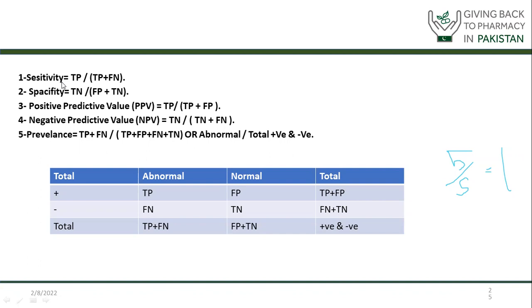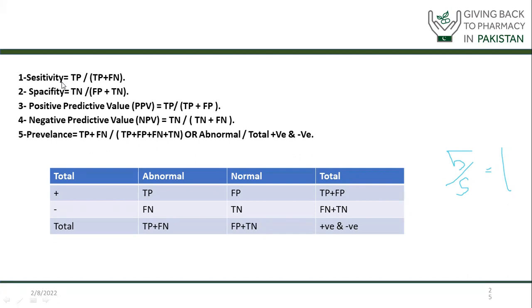Same like this, if we want to predict how much the prediction value is, we can use the positive predictive value. Likewise we can use the negative predictive value. And if we want to know the prevalence, how many patients in our total population are positive, we divide the total positives, true positive plus false negative, by everyone, positive and negative. This tells you about my prevalence.